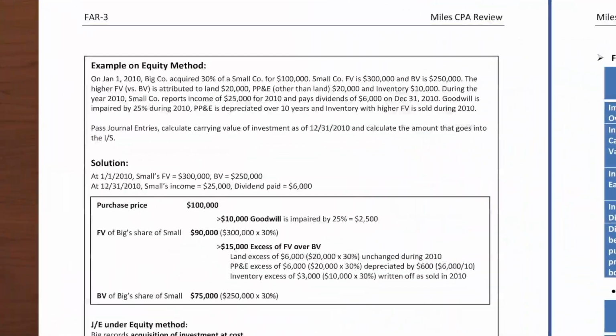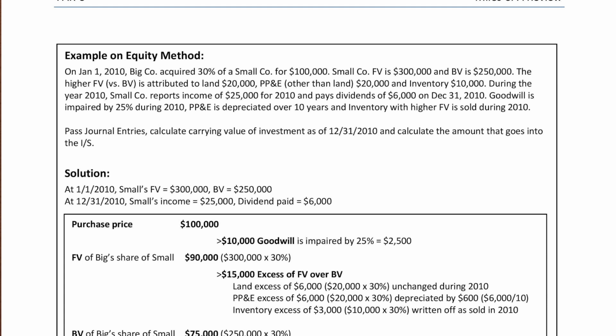On page 6, we have our example on the equity method. On Jan 1st, 2010, Big company acquired 30% of Small company for $100,000. Small company's fair value is $300,000 and book value is $250,000.